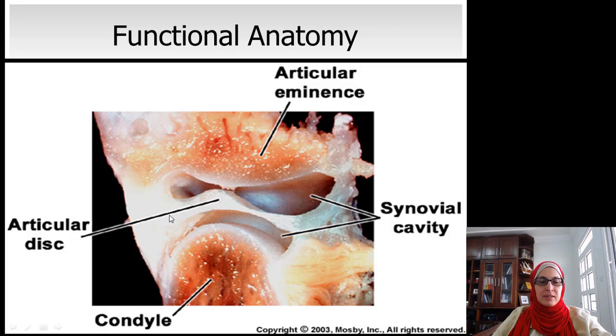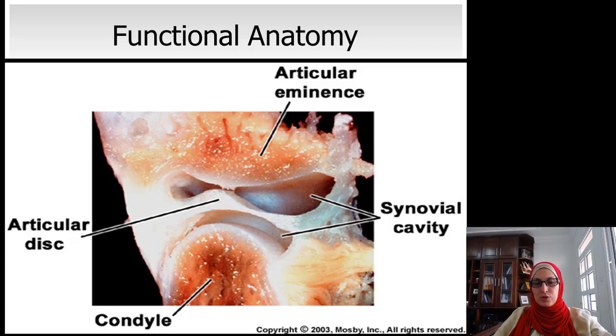And this articular disc has a shape with a thick posterior part and a thick anterior part, and in between a thin part. This shape of the disc will provide stability to the location of the disc over the joint.